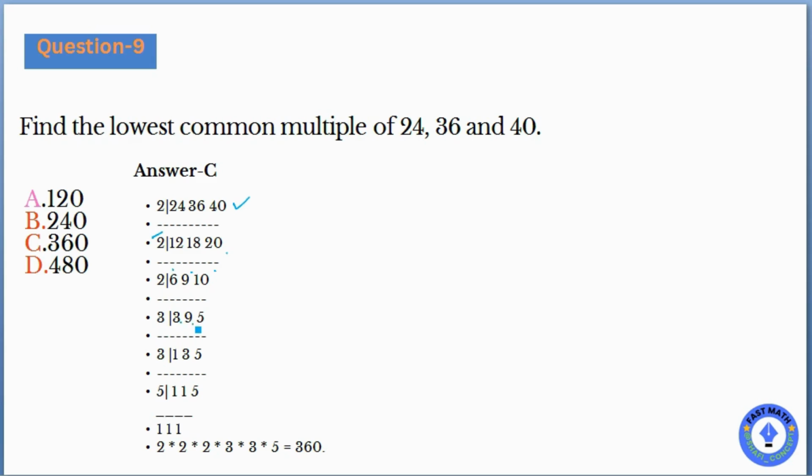It is 2, 3, 10... Finally, the LCM of these numbers is the product of all the divisors and the remaining numbers: 2 into 2 into 2 into 3 into 3 into 5, that is 360. This is the conventional way of doing it. Why am I elaborating this one? Because LCM problems will come across in the next questions, so that you have a better idea of doing the LCM. Let's move to the next question.